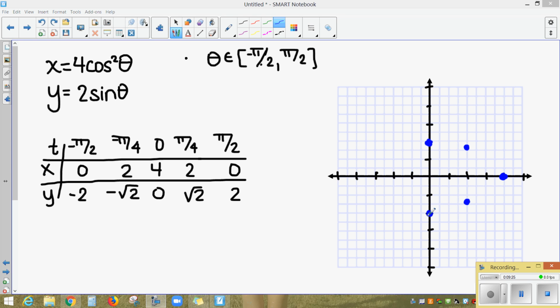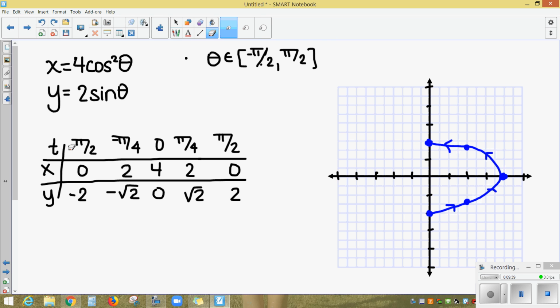Here are our dots on the page, and since we started with our theta, I put a T on my graph, but I'll change that in a minute. We moved around this way. So that would be the general shape, and again, we don't continue on and put arrows there because we're only looking at this range of values for theta.